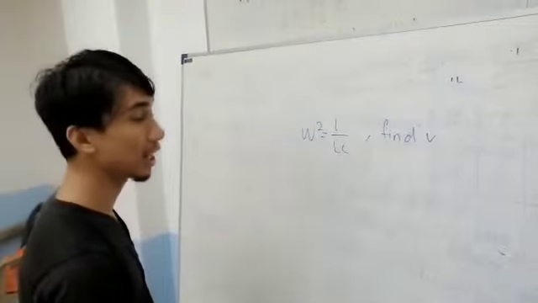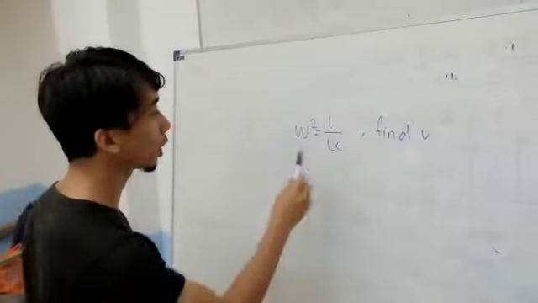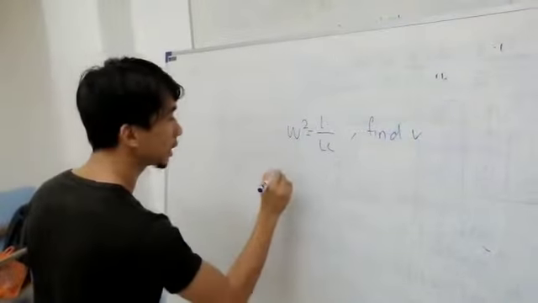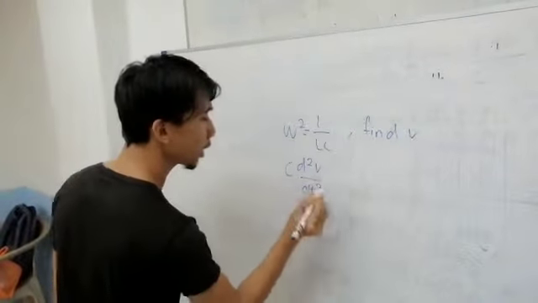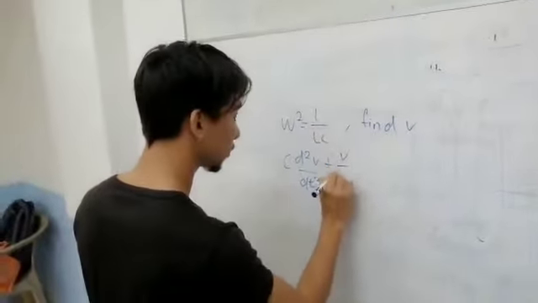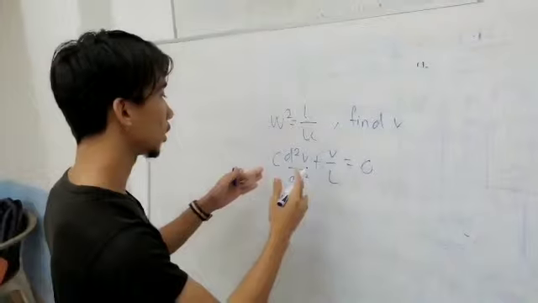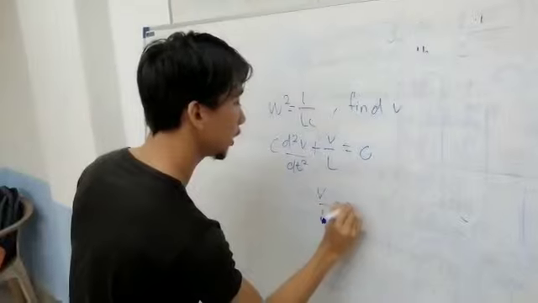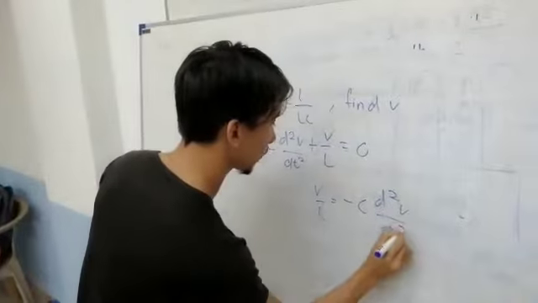After that we proceed to the next question, which is given omega squared is equal to 1 over LC. The equation that we got is C d squared V over dt squared plus V over L equal to 0. Based on the question, we move this side to the other side, so it becomes V over L equals negative C d squared V over dt squared.